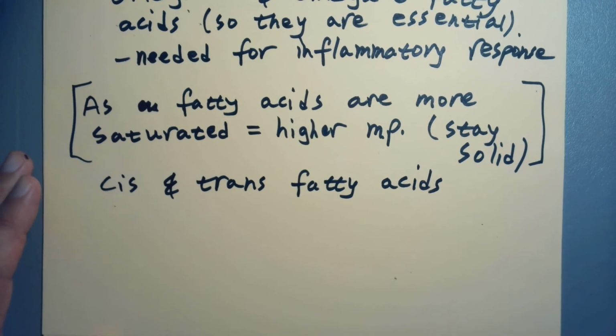And so it just depends on whether you have the cis or trans isomer of your fatty acid. So, for example, we could have something like, what do we got here?